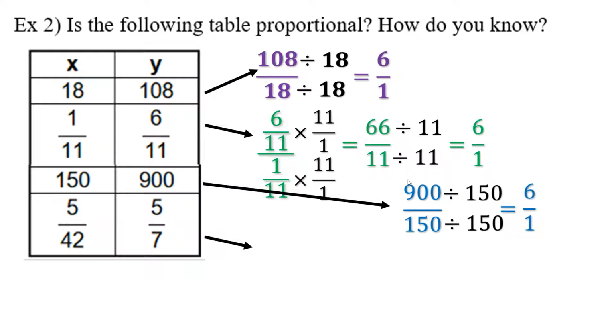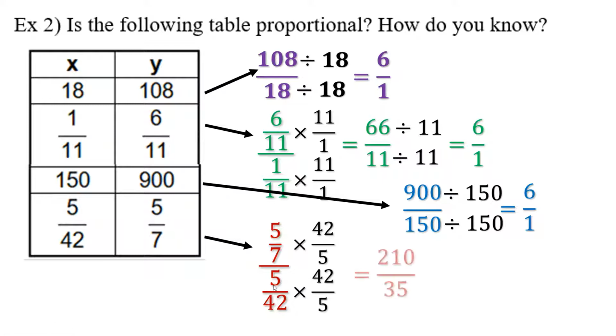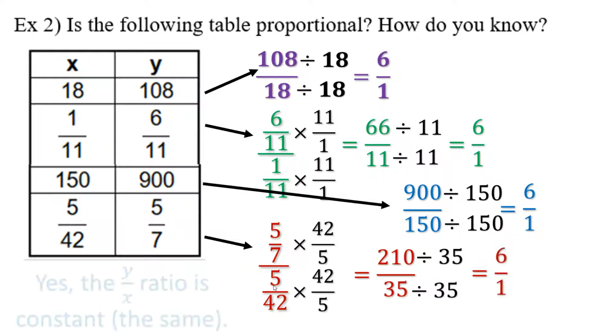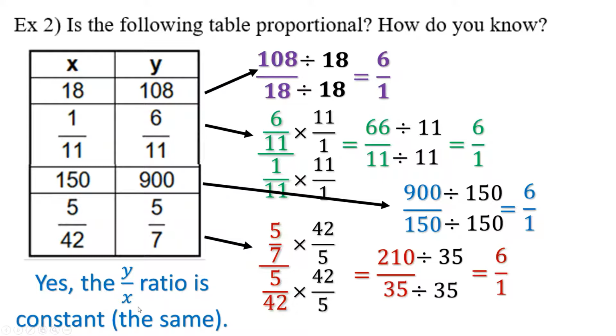And last but not least, we're going to have another complex fraction, y over x, multiply by the reciprocal of the denominator, slide it up, and we will get 210 over 35, which is equivalent to 6 over 1. Therefore, yes, the y over x ratio is constant. That is how we know it is proportional.